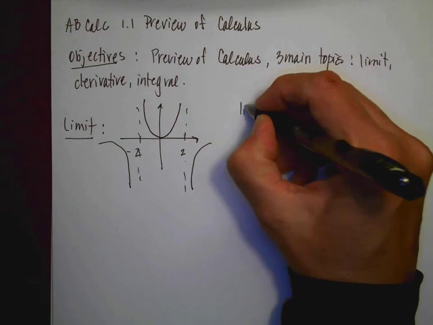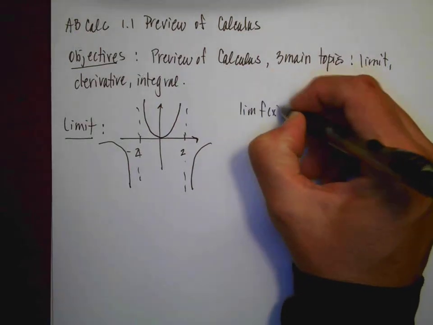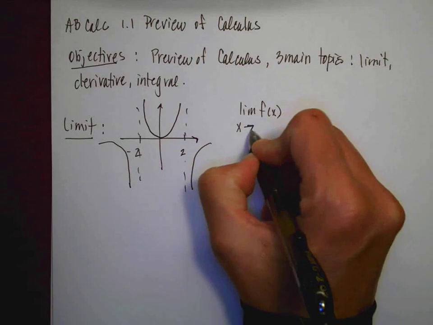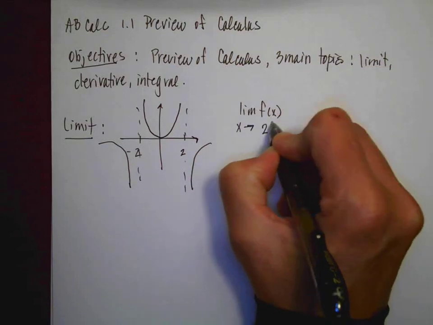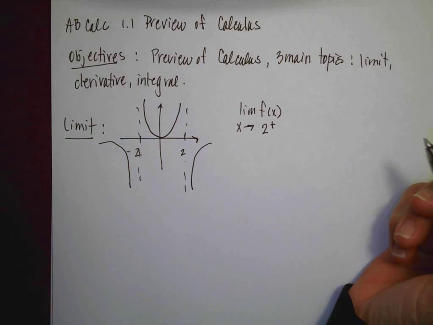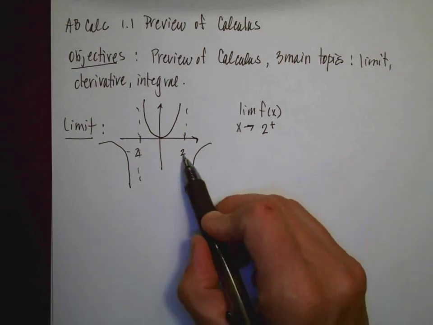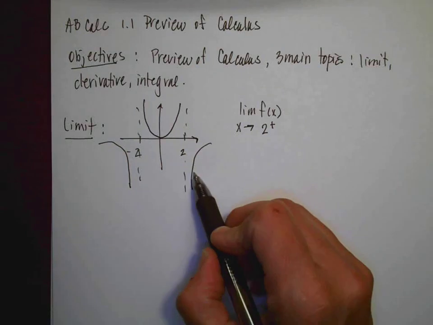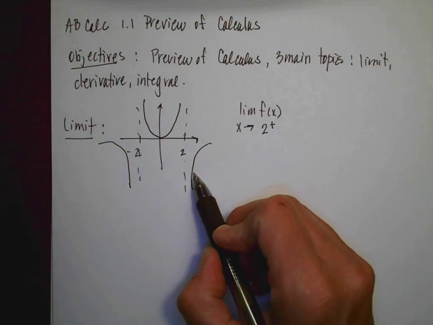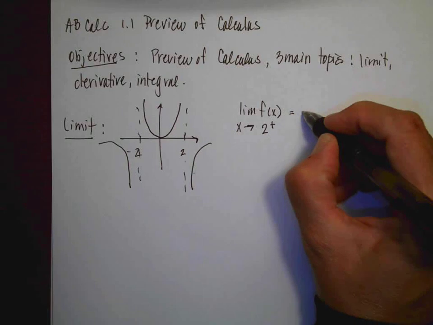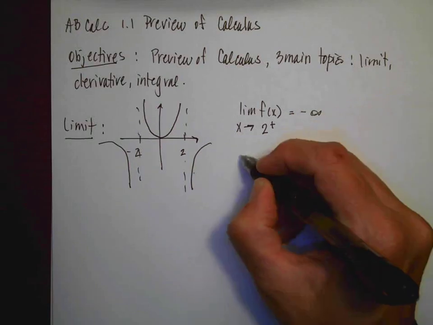So for example, if I want to talk about the limit of this function as x approaches 2 from the right. So let's talk about the notation. In theory, you've seen this in other courses. But this says as the function approaches 2 from the right, what is the function doing? And the function would be approaching negative infinity.